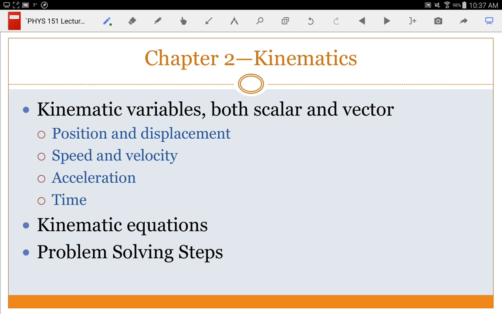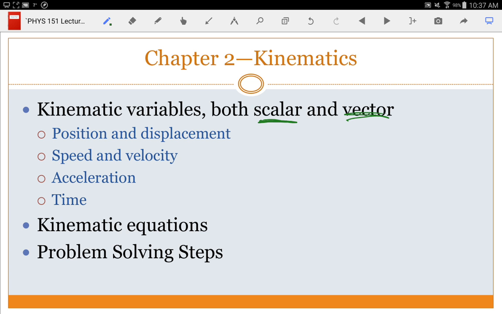Okay, chapter 2, kinematics. Kinematics is studying motion. It's not studying why things move, it's just studying how they move. So we need to make sure we're comfortable with our kinematic variables. We have scalars, values that are just a number with units, or vectors, values that have a number, a unit, and a direction. So position, displacement.